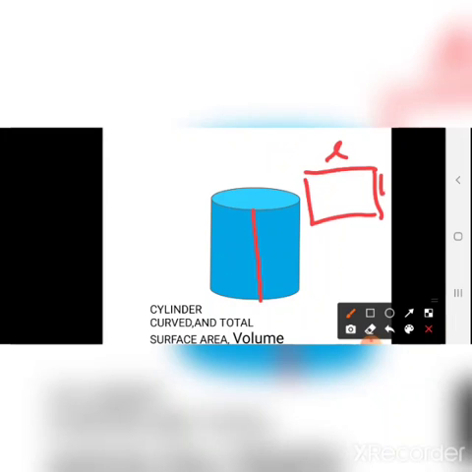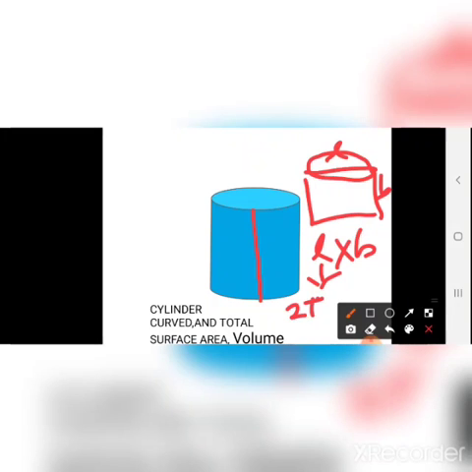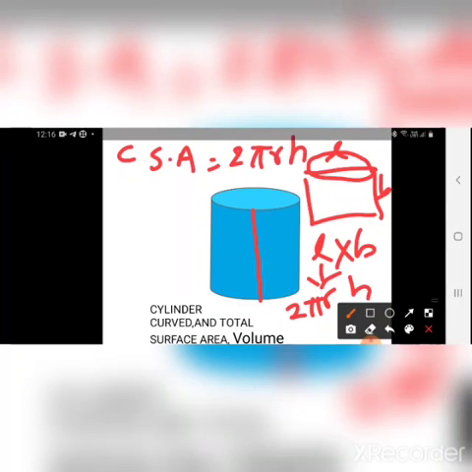L and B, the area of the rectangle is L into B. But when it is circular and makes a circle, L is turned into the circumference. The circumference formula is 2 pi r and B is turning into H.